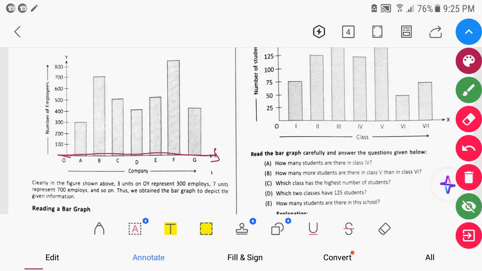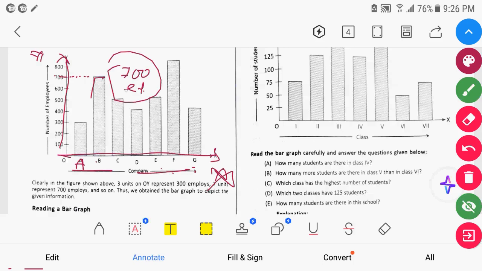The horizontal axis is known as the x-axis and the vertical axis is known as the y-axis. The x-axis represents different companies named A, B, C, D, and the y-axis represents the number of employees working in that company. So if I ask you in company B how many employees are working, just draw an imaginary line to the y-axis from this bar and you can get the idea that 700 employees are working in company B.